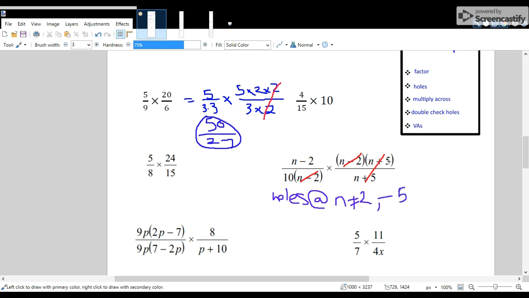Because negative 5 plus 5 is 0, and 2 minus 2 is 0. So we're left with n minus 2 all over 10. There's no vertical asymptotes because there's no variables in the denominator. So that's it.